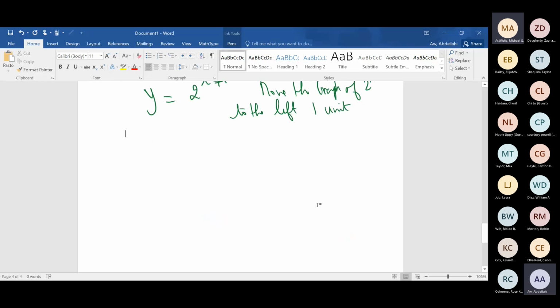Now, we have a very particular exponential function, a very particular base that we call the natural exponential.